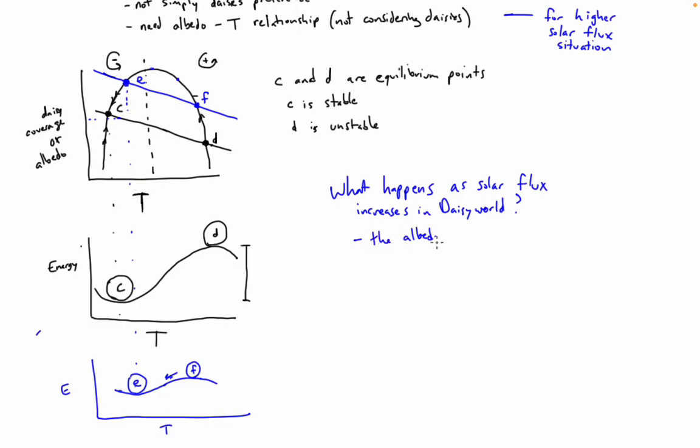The albedo temperature relationship moves such that for any albedo, the temperature is higher. So that's what I just described here when I do that arrow indicating how this shifted. So that's because the sun is brighter.